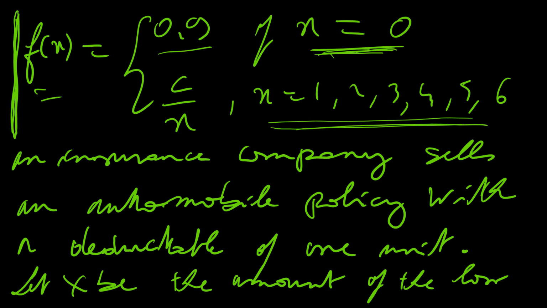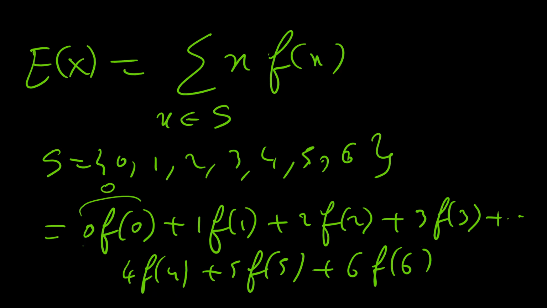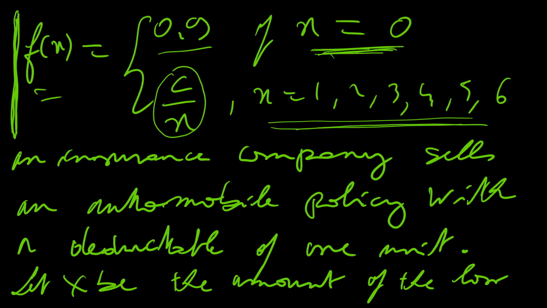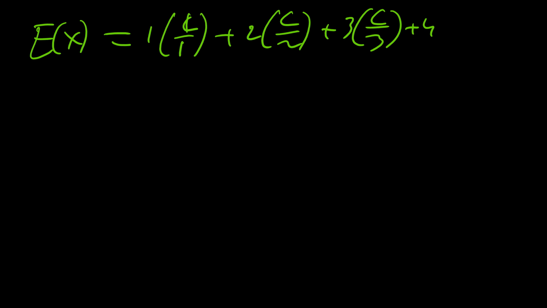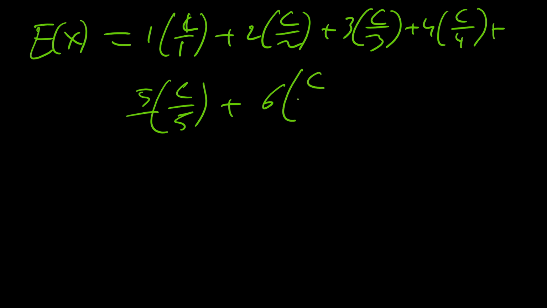When x is different than 0, f of x is c over x, so the expected value of x is 1 times c over 1 plus 2 times c over 2 plus 3 times c over 3 plus 4 times c over 4 plus 5 times c over 5 plus 6 times c over 6.